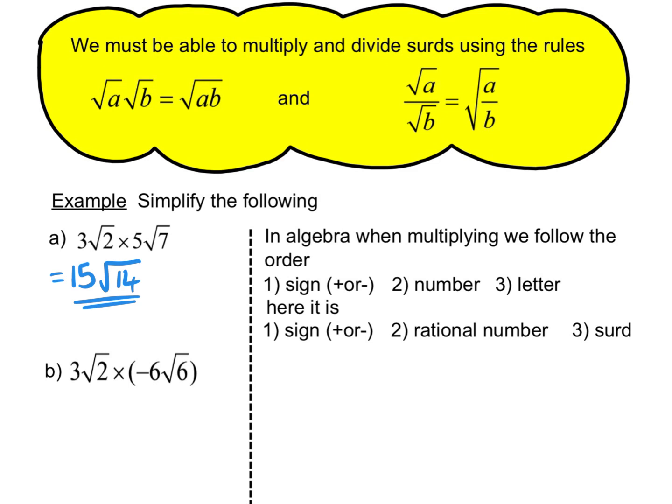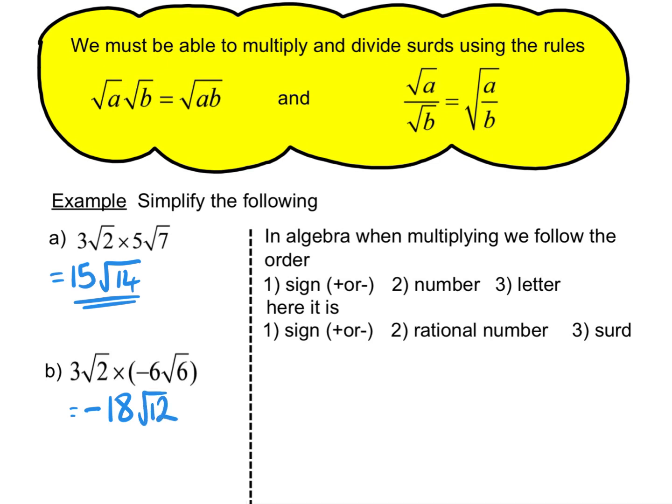Now, similar with this one, let's start off with the sign. That's positive 3 root 2 times negative 6 root 6. Positive times negative is going to give me a negative. Then the rational number part, 3 times 6, is going to give me 18. Then I've got the surd part, root 2 times root 6. Now 2 sixes are 12, so root 2 times root 6 is root 12.